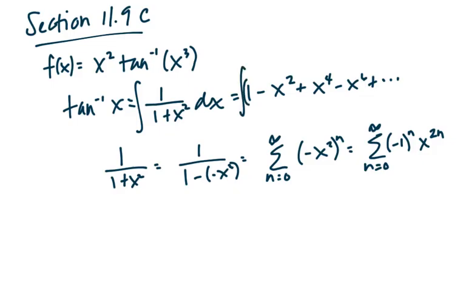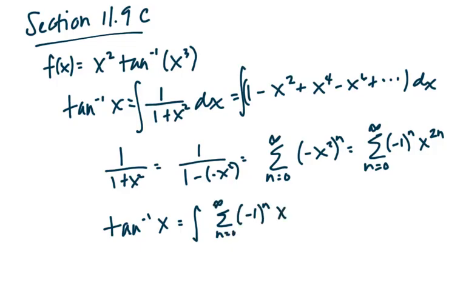Oh, and we have the integration of all of this with respect to x. So we know all of that. We worked that through before, and we got that the inverse tangent of x equals the integration of the series n equals 0 to infinity of negative 1 to the n x to the 2n with respect to x.